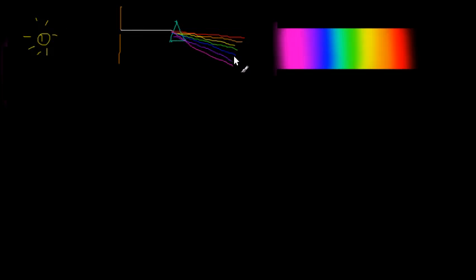So each of the colors bends a little bit differently, and he ended up with this spectrum, this rainbow, the full set of colors from the rainbow.